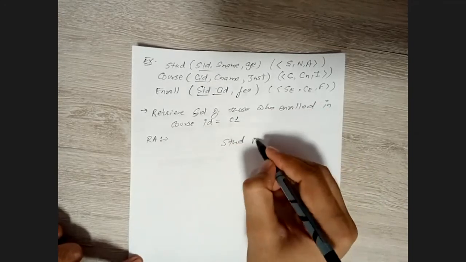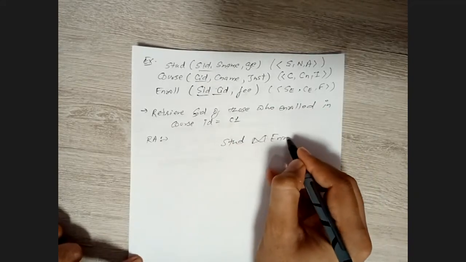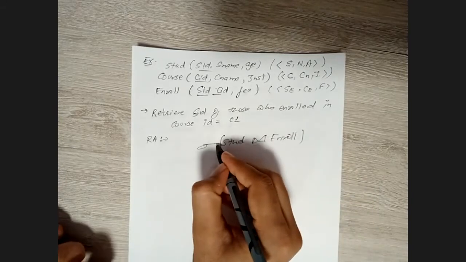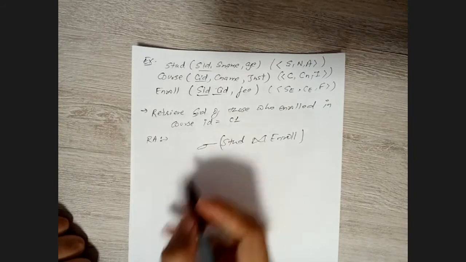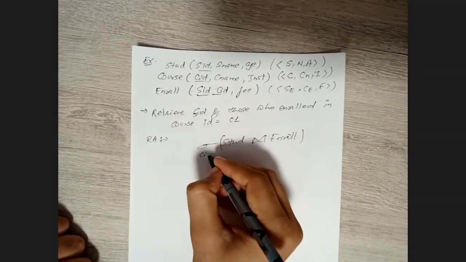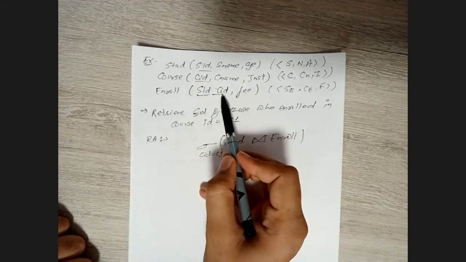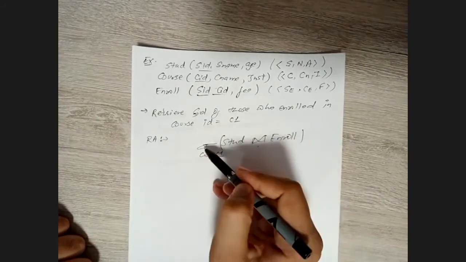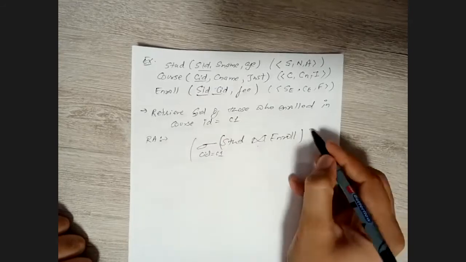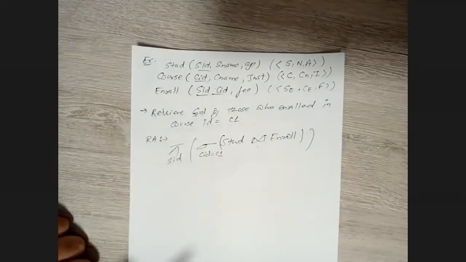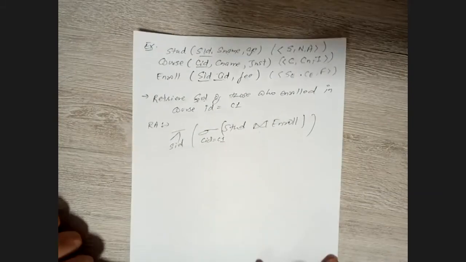So we can do the natural join with enroll, right? This is what we are already very familiar with. And select those rows in which CID equals C1. We have done the natural join, we have selected the rows, and out of those rows, we can project SIDs easily, right? So we have done this relational algebra query.